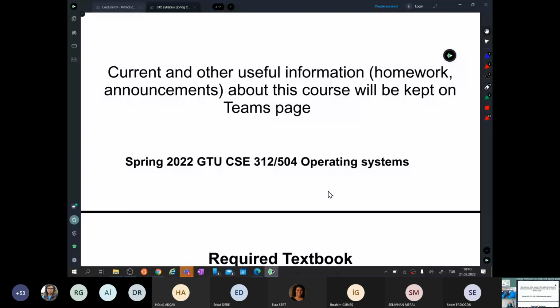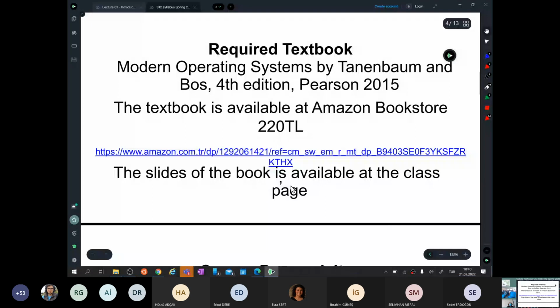So the required textbook is this one, Operating Systems by Tannenbaum and Bos, okay, by Pearson Publications. It is available at Amazon Bookstore in Turkey for 220 bucks. It is not much, 220 Turkish liras. It used to be 150 last year, but this year they didn't increase the price that much.